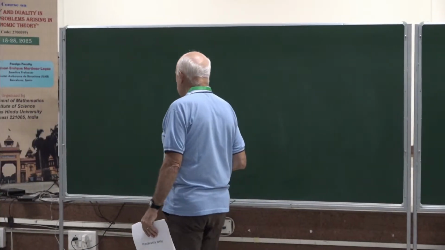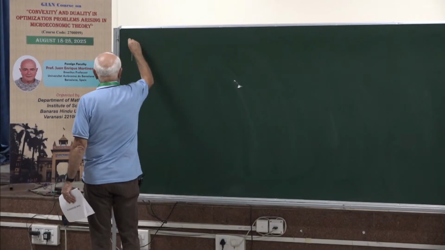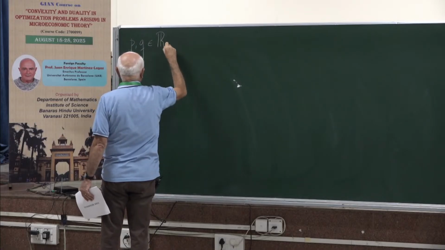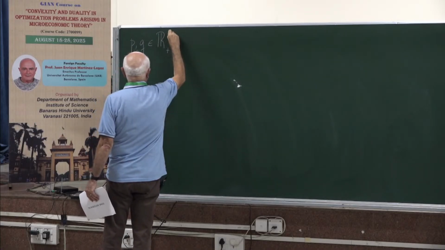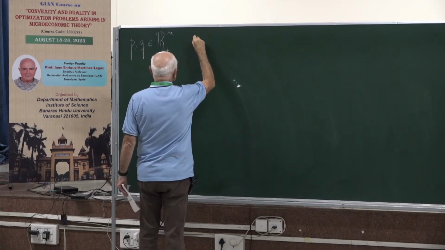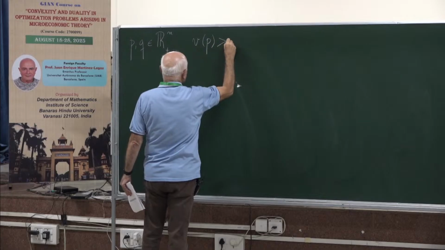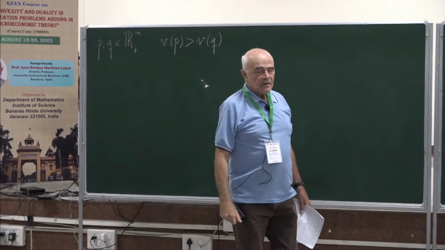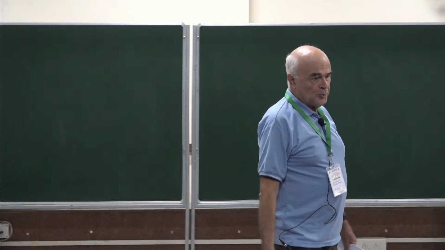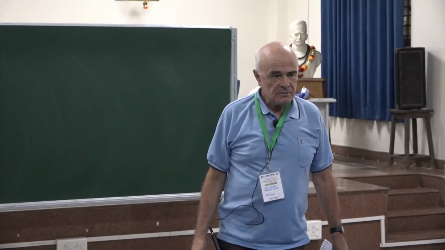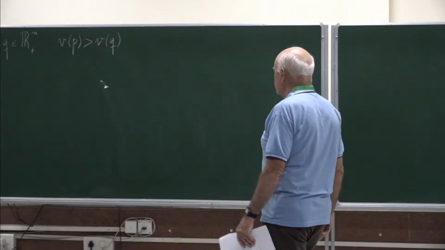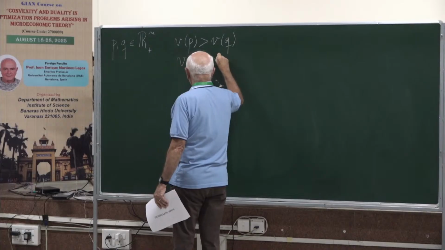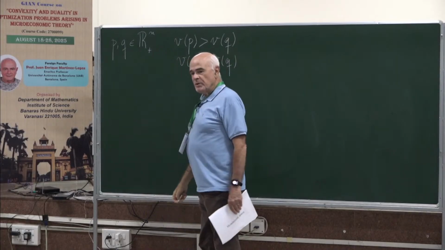So we say if we have two price vectors, P, Q, and V of P is strictly greater than V of Q, no doubt, I prefer P to Q. But what if V of P is equal to V of Q?